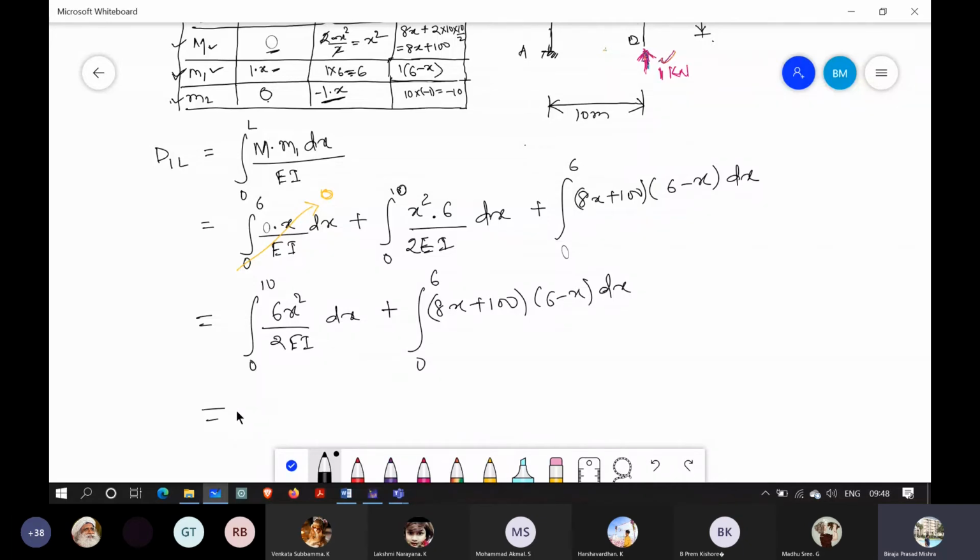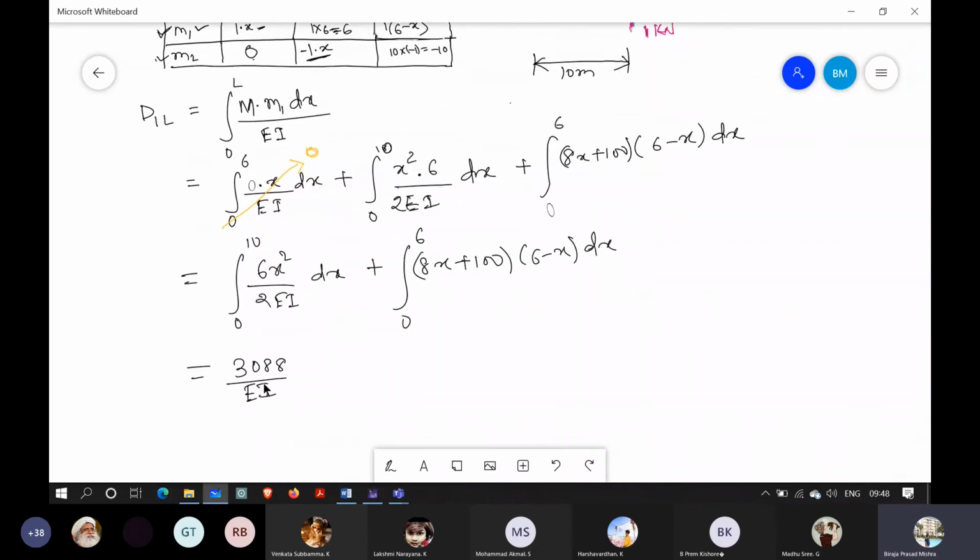All of you please check the value. You'll find this one as 3088 by EI.